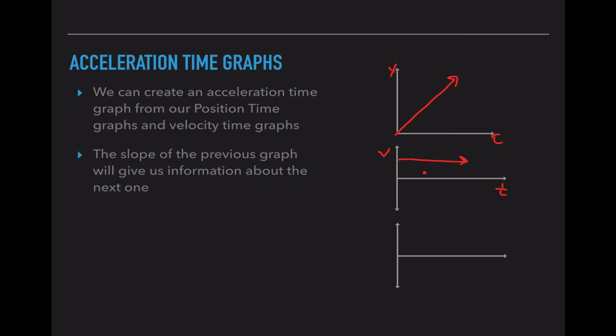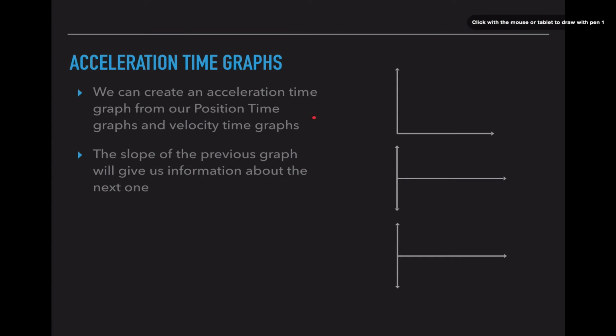In my class personally, all of these lines are going to be either horizontal or a slanted linear line. So that means everything here will be some sort of horizontal line. Since the slope of this line right now is 0, we're going to draw our acceleration time graph at the 0 mark. Okay, now I'm going to draw another example that's going to look a little bit different.